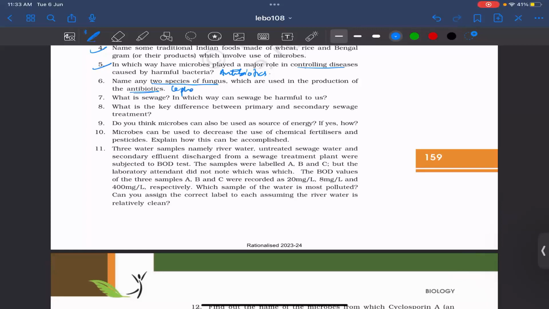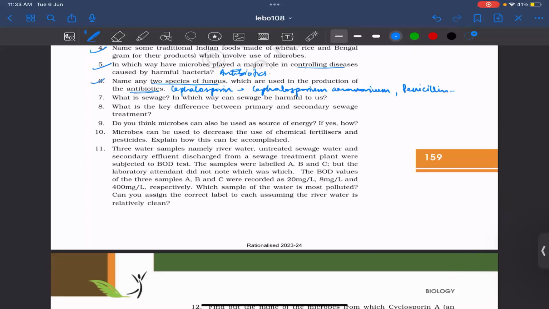Cephalosporin, Cephalosporium acremonium. And the next example is penicillin, which you can check in the text, by Penicillium notatum.